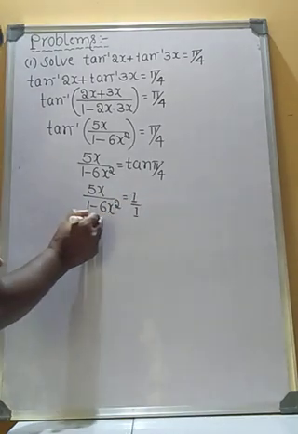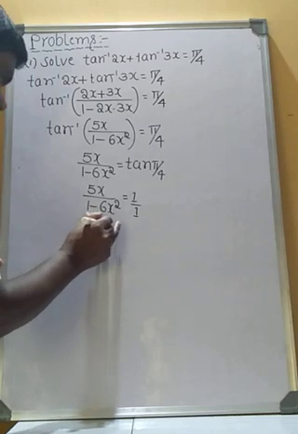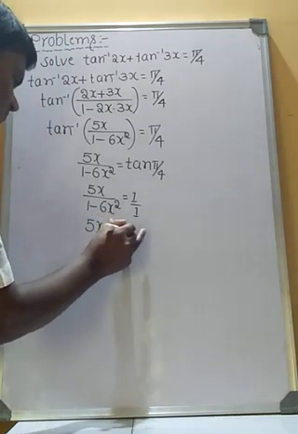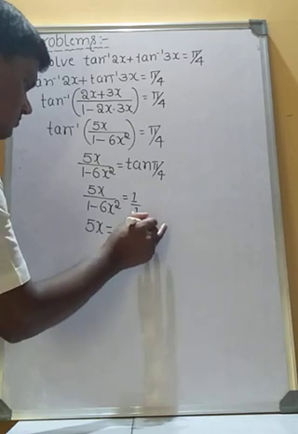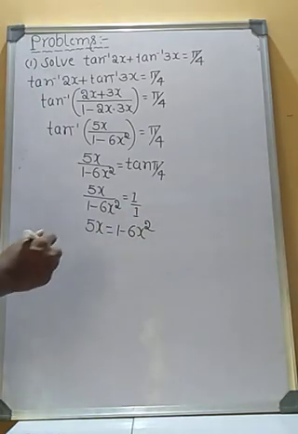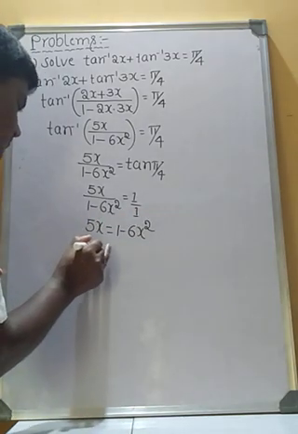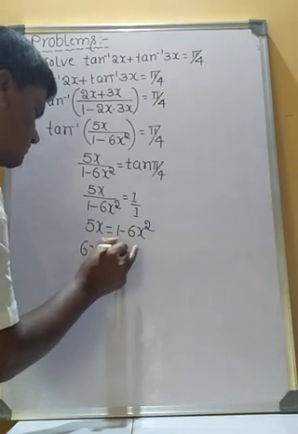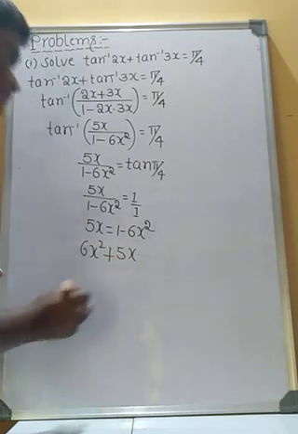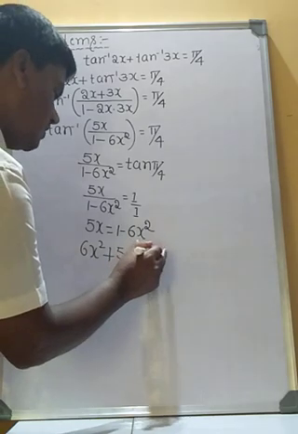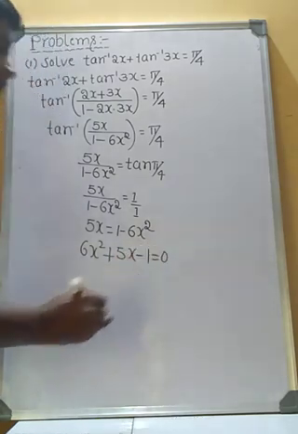By cross multiplying, 5x is equal to 1 minus 6x square. Therefore 6x square plus 5x minus 1 equals 0.